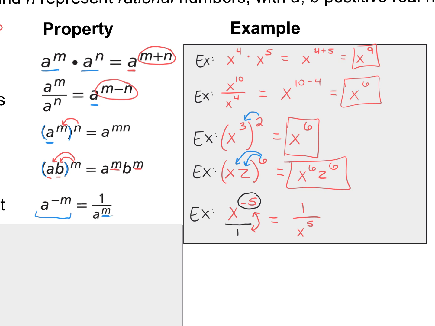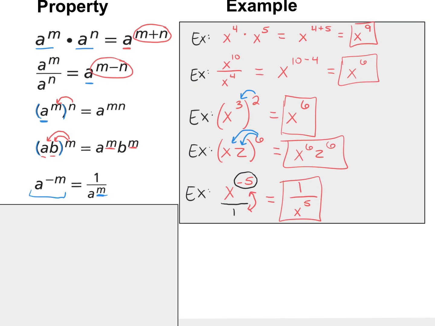No matter what. That's okay. And I'm going to do one more example on this one. If I had 1 over x to the negative 1. Let's not do negative 1. Let's do negative 2. What do I want you to circle right now? Negative exponent.